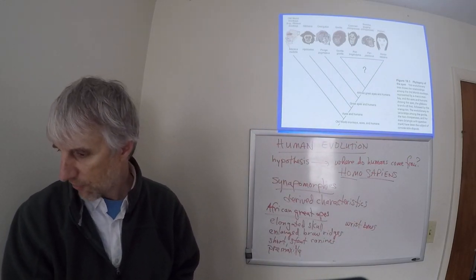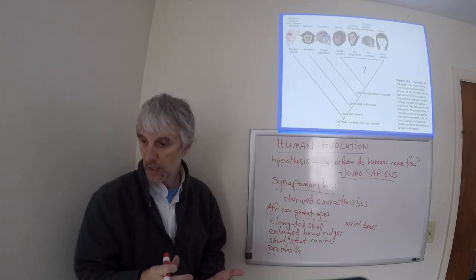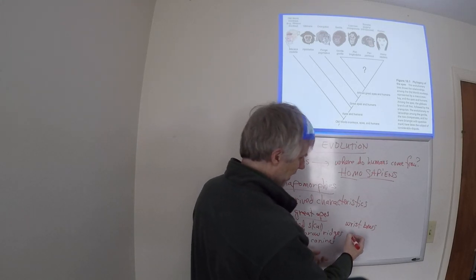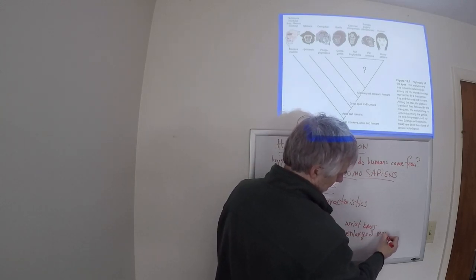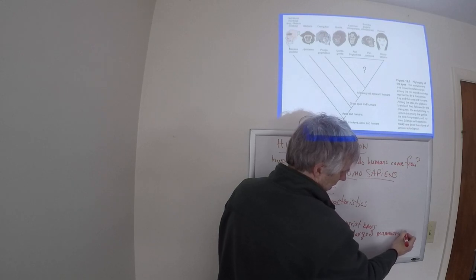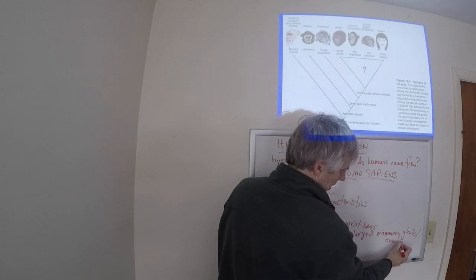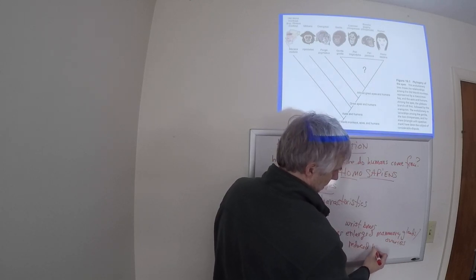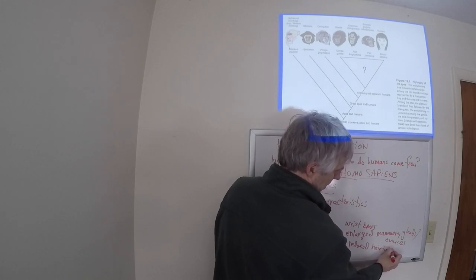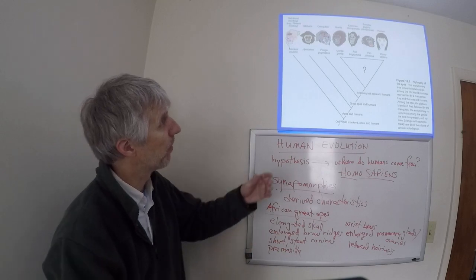And the African great apes also have enlarged ovaries and mammary glands along with reduced hairiness. That reduced hairiness tends to be in certain parts of the body.